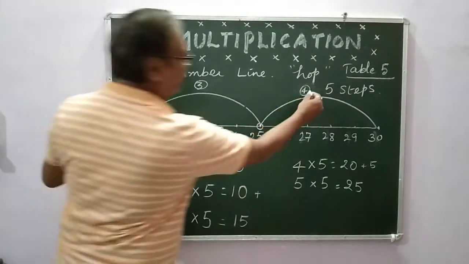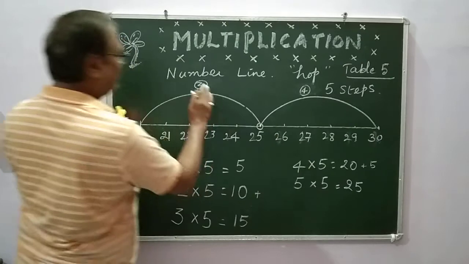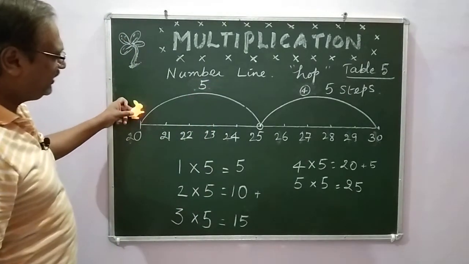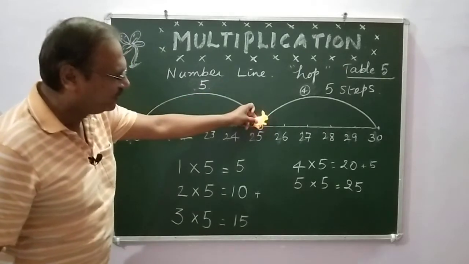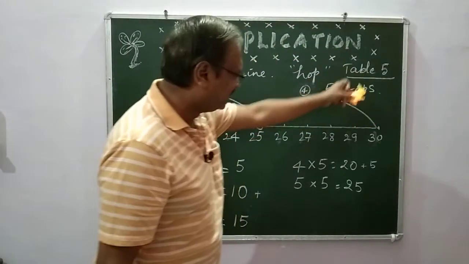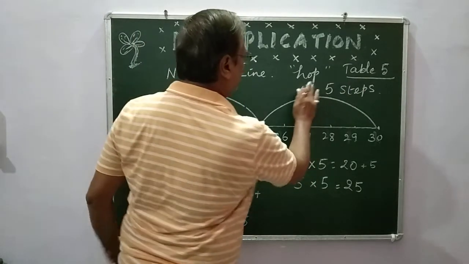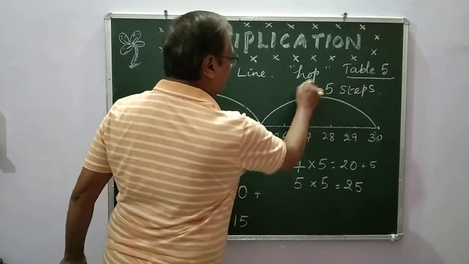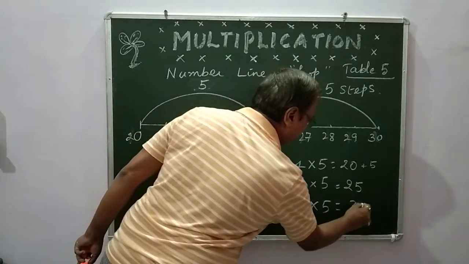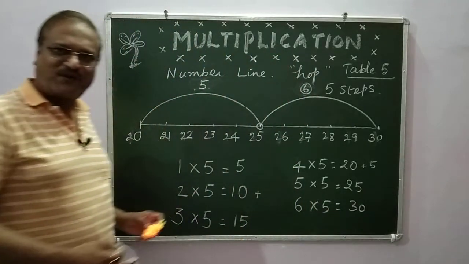This is 4 jumps are over and this is going to be the fifth jump. 20 plus 5, 25. 25 plus 5, 30. So the sixth jump, when it does, it will be 6 5s are 30. You understand what I am doing?